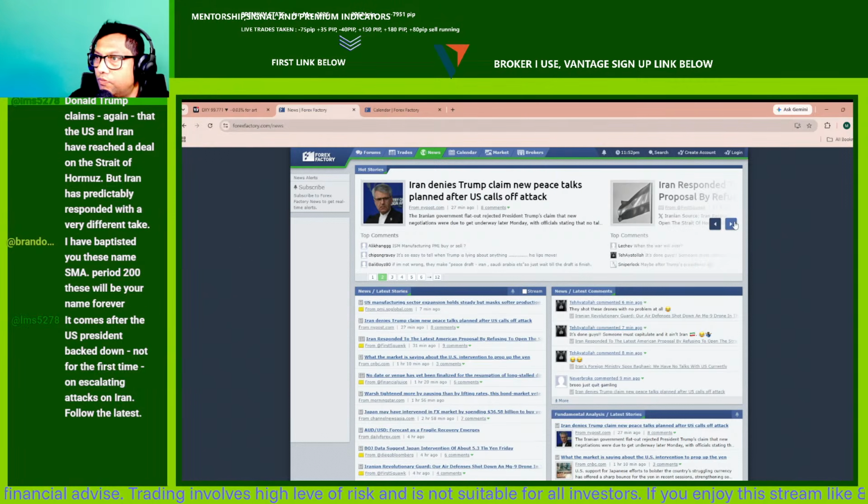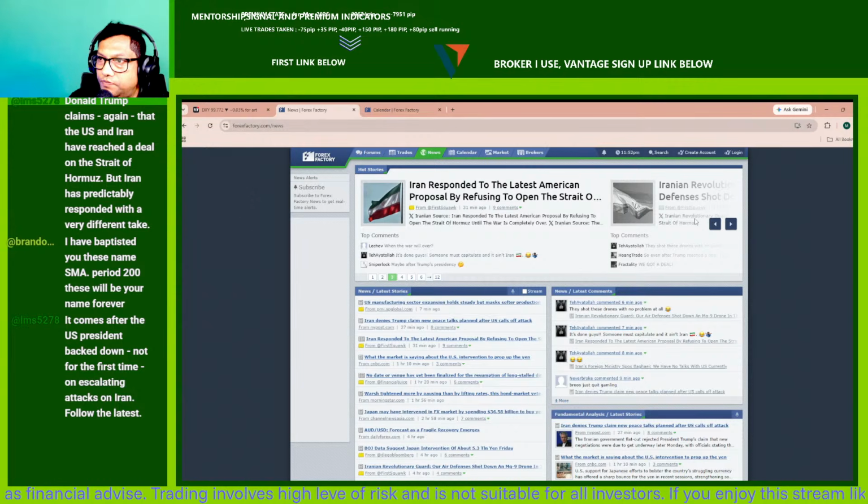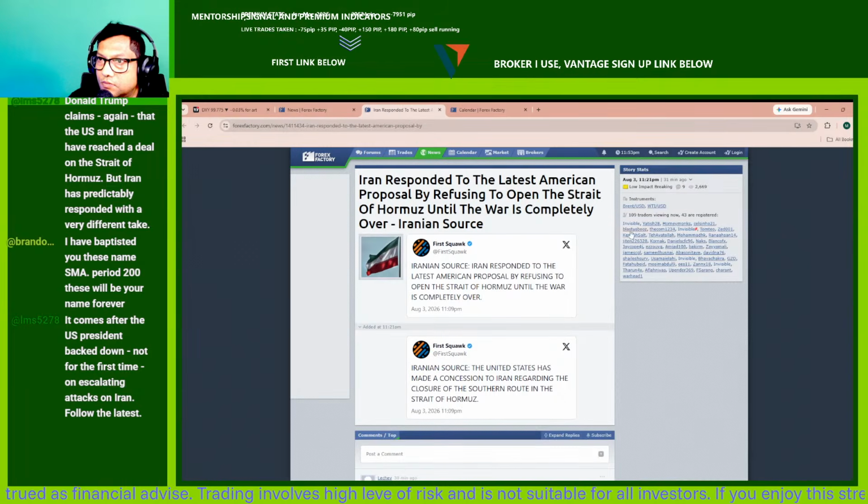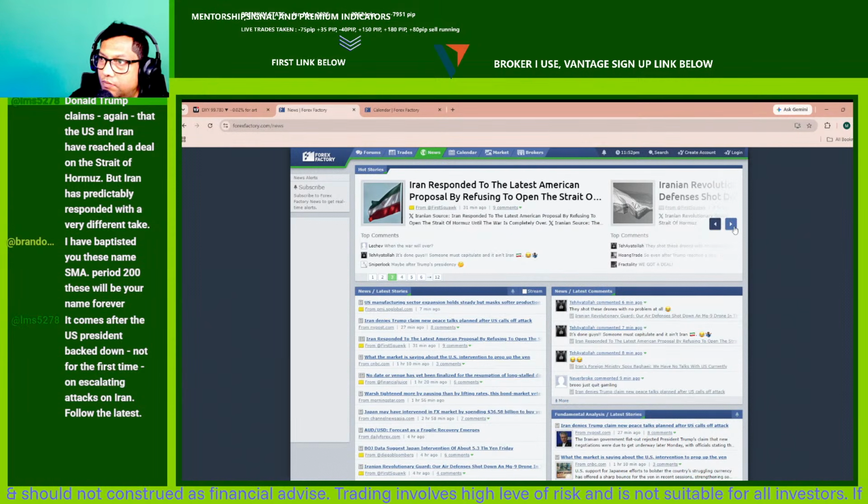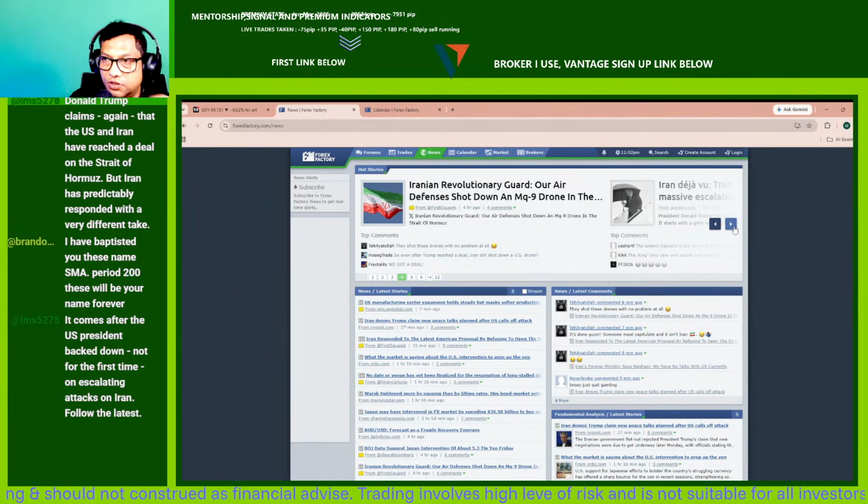Iran responded to the latest American proposal by refusing to open the Strait of Hormuz until the war is completely over.